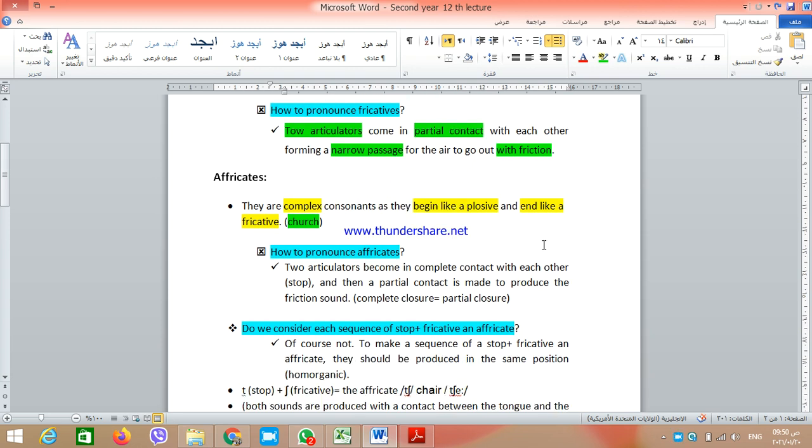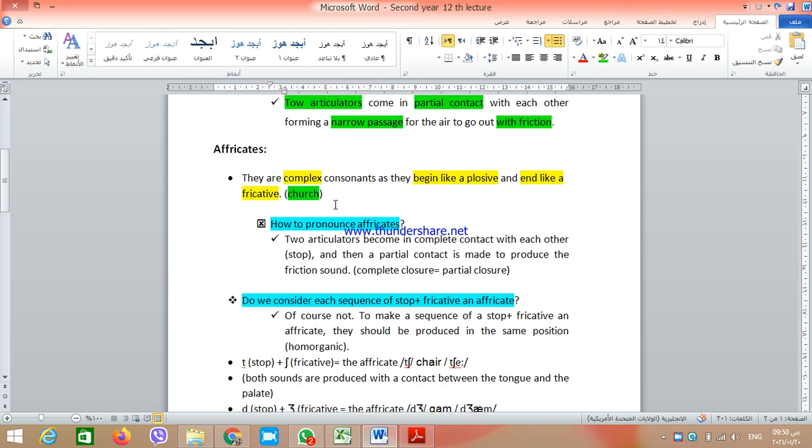While affricates, which is the second type of consonants I'm going to talk about in this lecture, are called complex consonants. Why do we call them complex consonants? Because they begin like a plosive, like a stop sound, and end like a fricative.